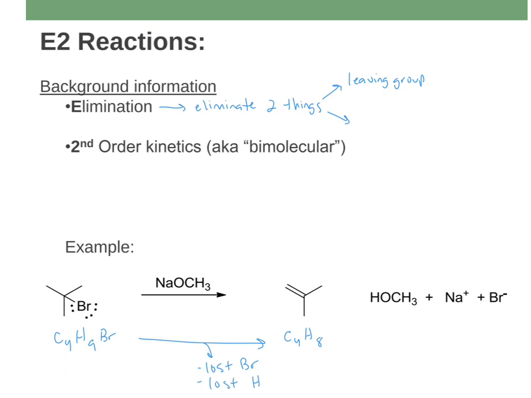It has to be one away from the leaving group. It has to be on the adjacent carbon. Or another way to say that is that it has to be beta to the leaving group. So the other thing you're going to remove is a hydrogen on the beta carbon. All right, so your Greek lowercase beta.